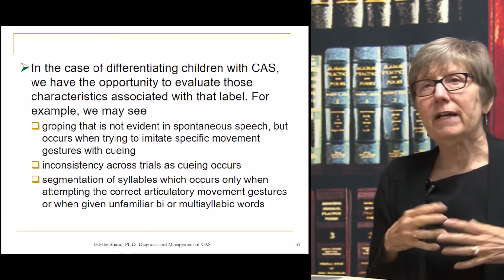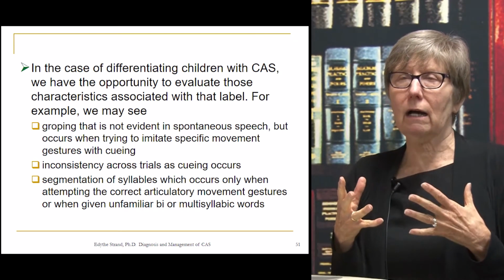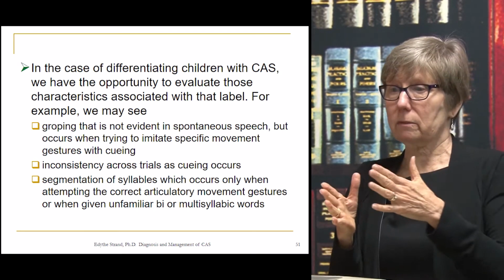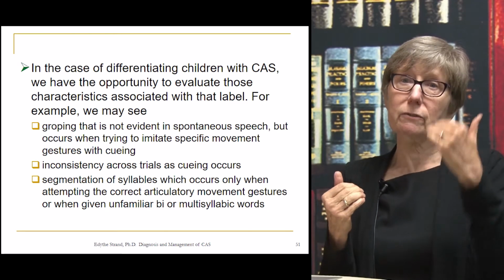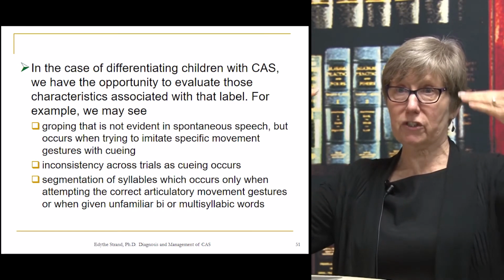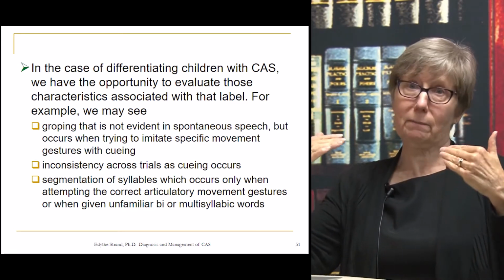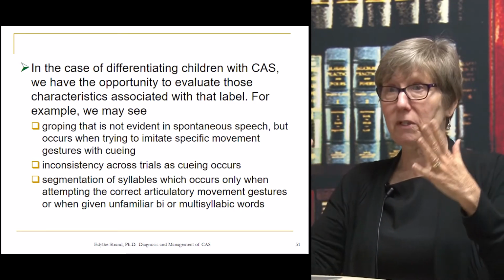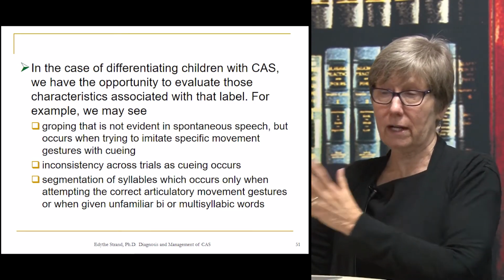Now, in the case of evaluating children that we think might have some childhood apraxia, we have the opportunity to observe. Remember, we said assessment is just making observations about particular characteristics that we associate with one label or another, right?